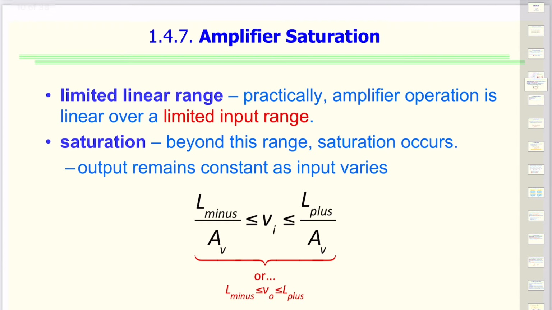So there is a saturation level up to which point we can take it, and beyond that on either side there will be saturation, and the signal will simply not go beyond that level.